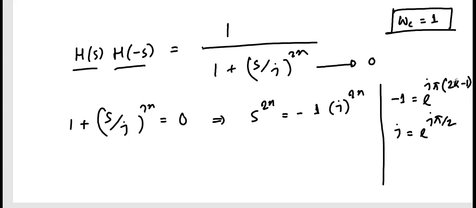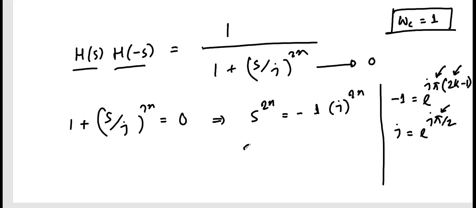Definitely you can put any value for k; omega is a constant, k is an integer value. Here pi is a constant, so you can put the value and justify yourself. So definitely you can justify those numbers.